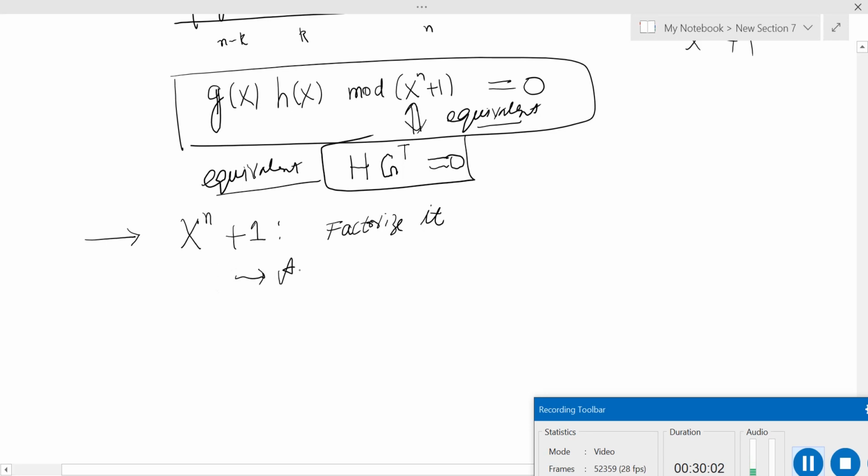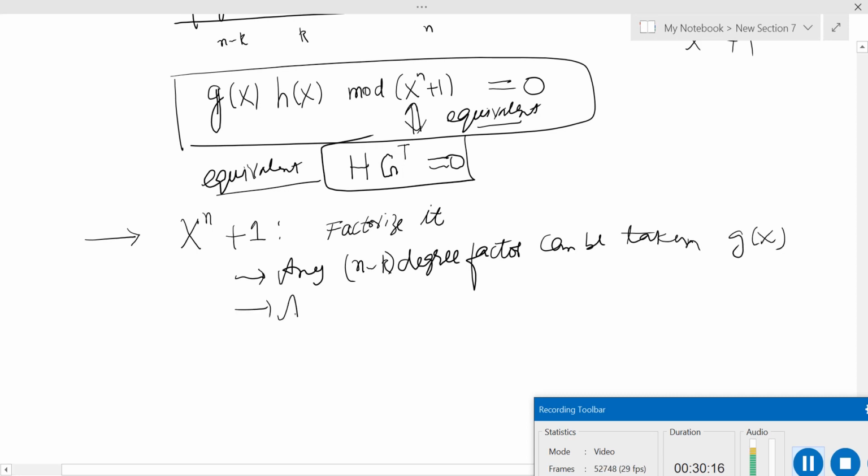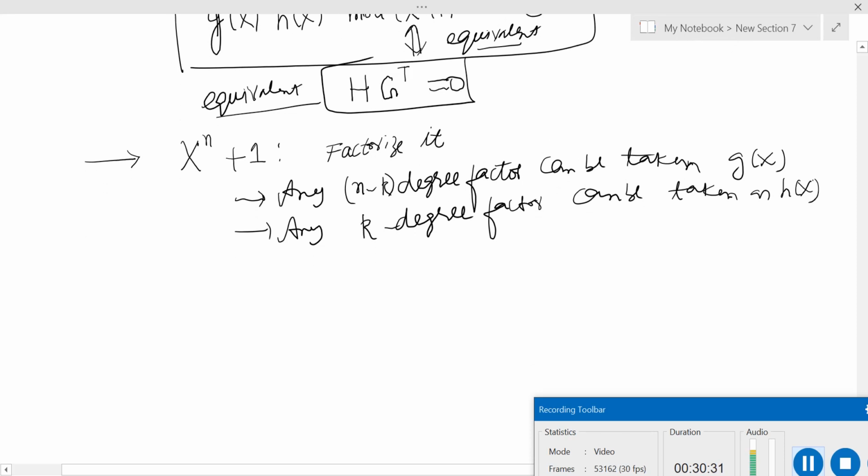Now any degree n minus k factor can be taken as the generator polynomial, and any degree k factor can be taken as the parity check polynomial.